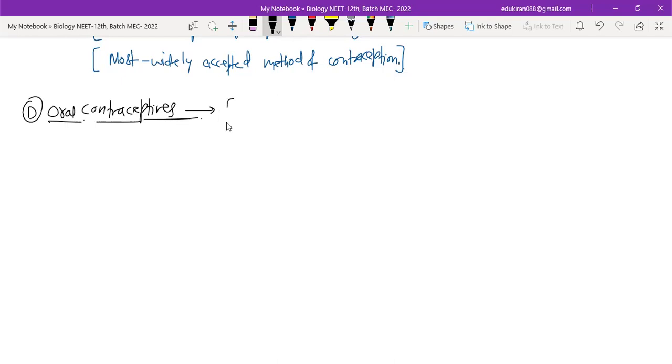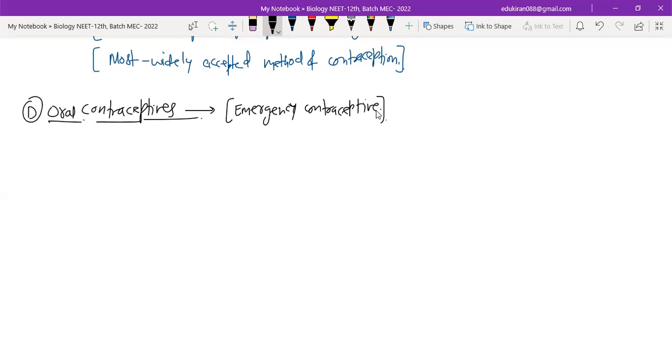They are also known as emergency contraceptives, because they can be implemented after sexual intercourse. They are the only contraceptive methods that can be implemented after an act of unprotected sexual intercourse. Is it clear, everyone?